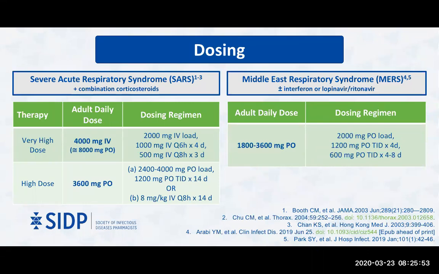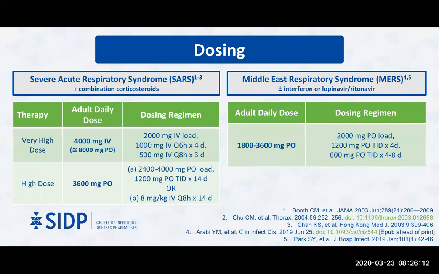Now, it does range for oral ribavirin anywhere from 33 to 64%, but I chose 50% just for the sake of the calculation. The point is the IV regimens that we gave for SARS were much, much higher overall amounts of ribavirin than what we typically use for hepatitis C or RSV.